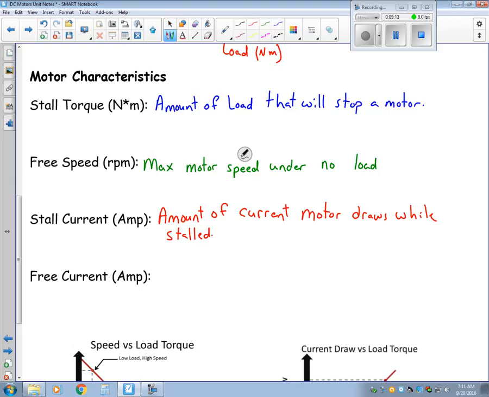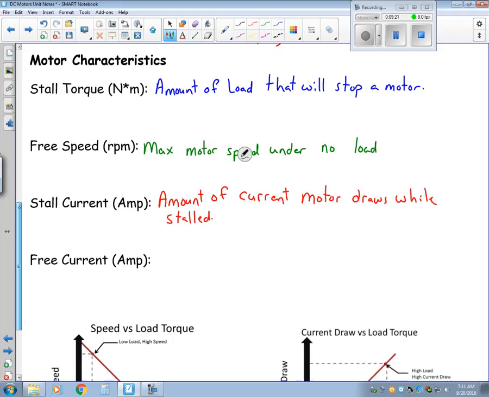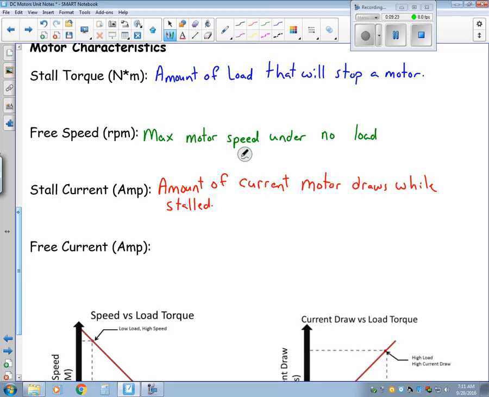So if you forcibly stop a motor and it's still connected to a battery, it's still going to pull electricity from that battery, which can damage the sensitive wires inside the motor. Free current then, whenever a motor is turned on, it's drawing current. So the free current will be the amount of current the motor draws under no load.